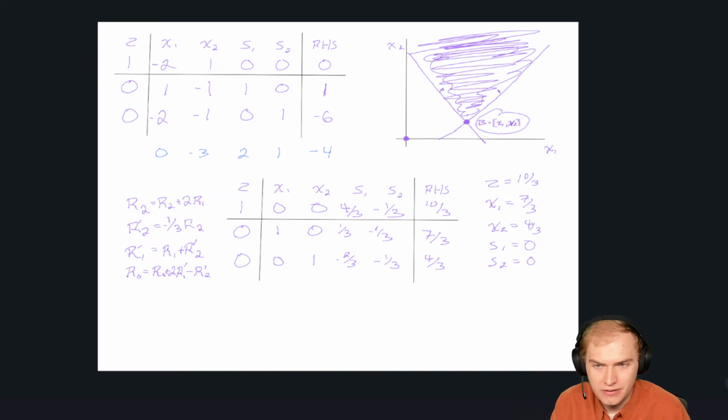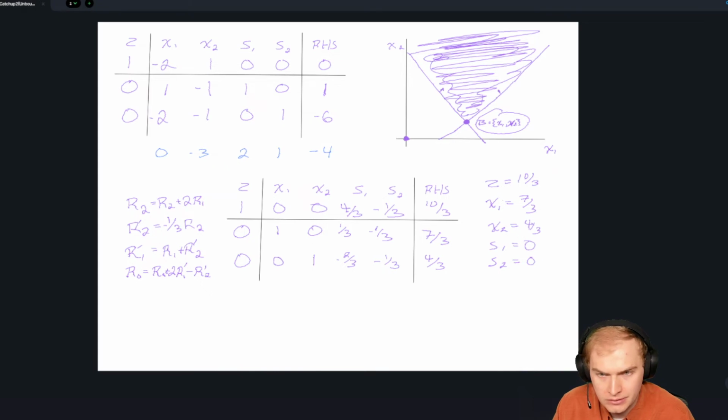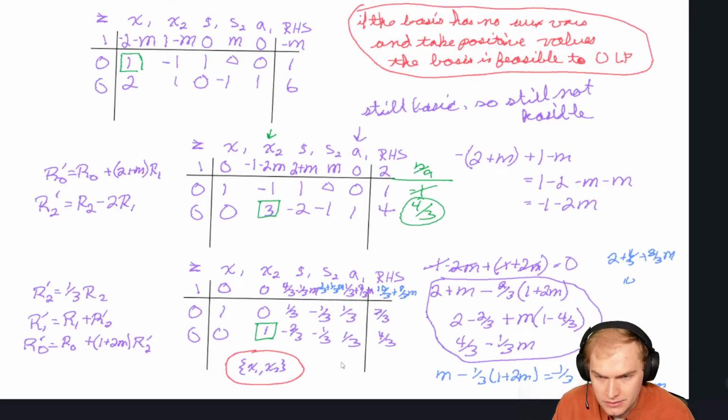So I jumped immediately to the x1, x2 basis. And we had this tableau, which, as it turns out, I believe is the same as this. Yeah, so we knock out the A column and we erase all of the m's, set m to 0, and I think we have the same tableau.